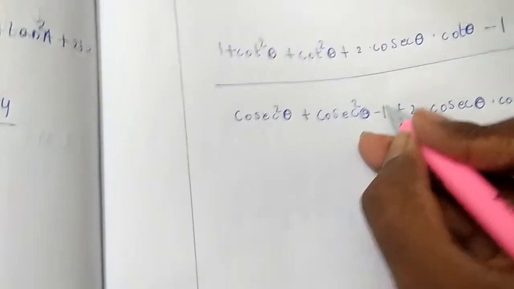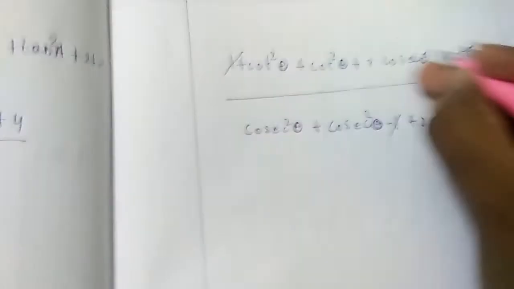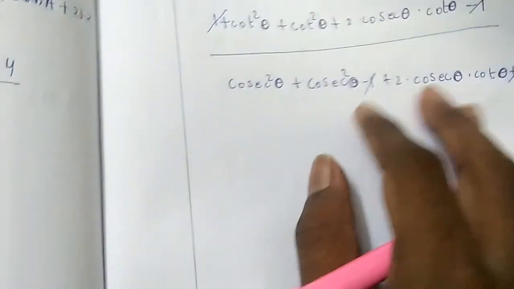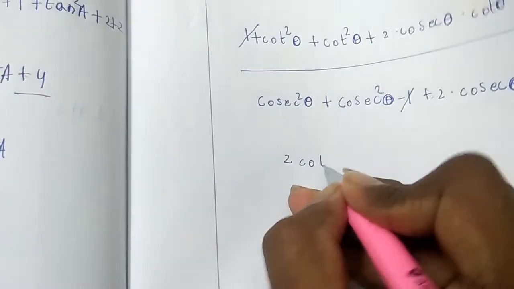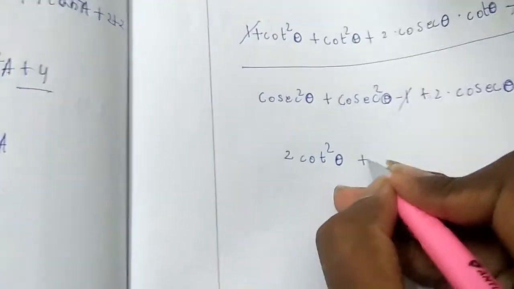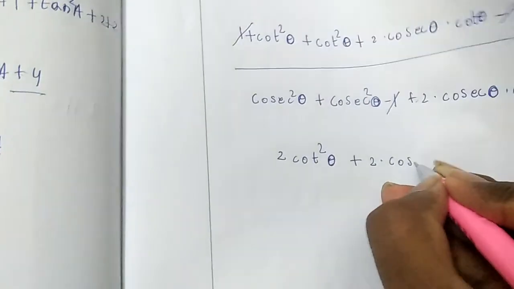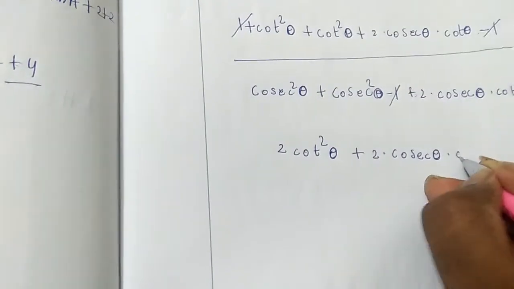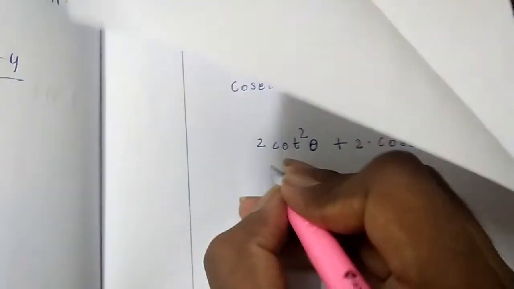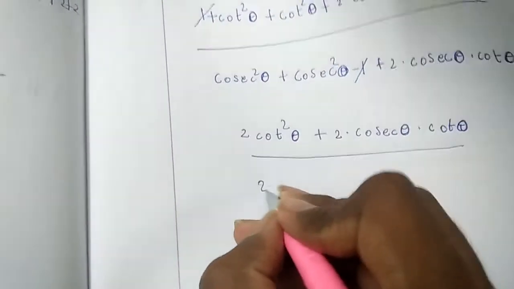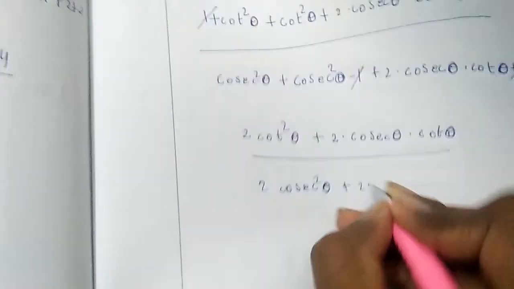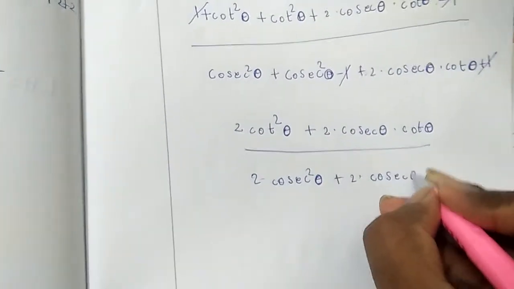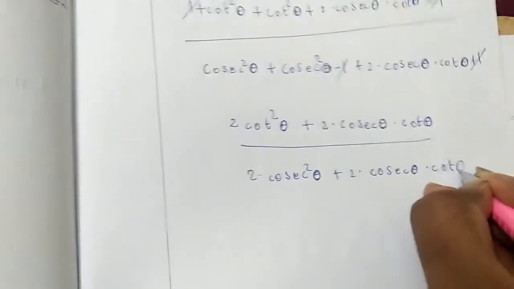Now here it is minus 1 and it is plus 1. Both are cancelled. Here it is plus 1, here it is minus 1, cancelled. Now here 2 cot square theta plus 2 into cosec theta into cot theta, by 2 cosec square theta plus 2 into cosec theta into cot theta.